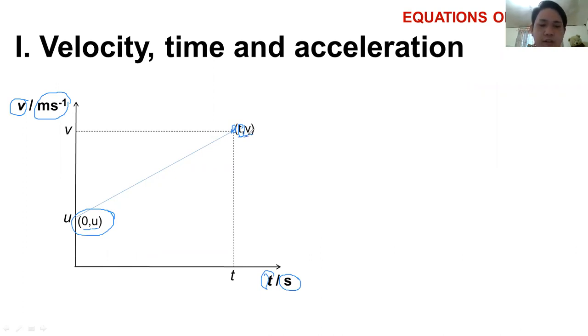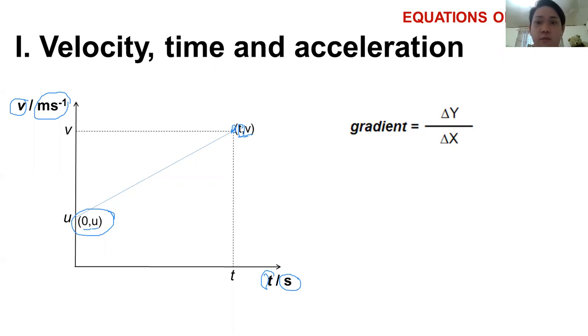So now, the graph shows the relationship between velocity and time. Since it is a straight line, we can say that based on the vertical and horizontal broken lines in the illustration, there is a gradient, or slope, of the line.